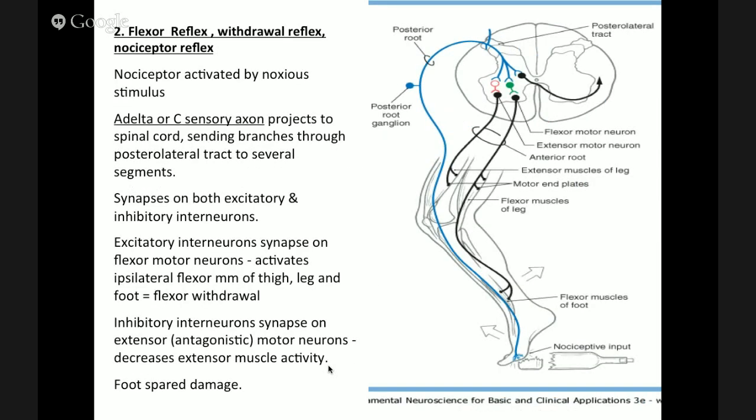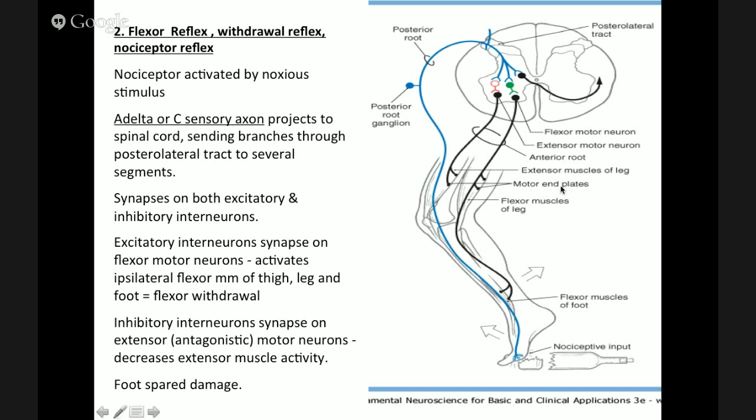The withdrawal reflex is usually a response to pain. It's usually a response to a noxious stimulus. So a classic example is where you step on a tack or a piece of broken glass, and the nociceptor activated in the foot will send a signal into the ventral horn. This is the excitatory pathway here, where you want to activate the flexors to pull away from the noxious stimulus.